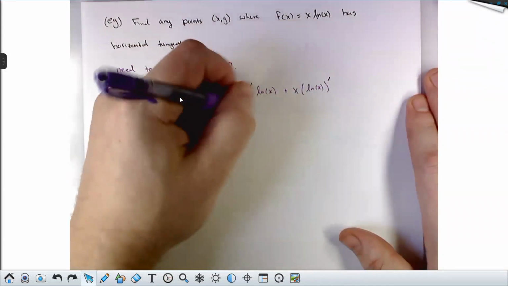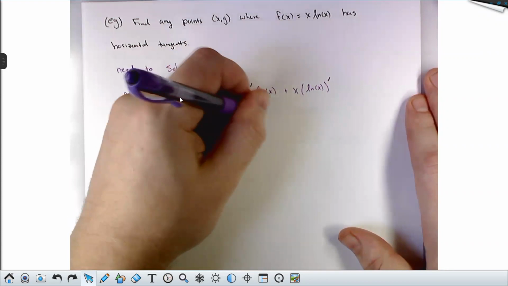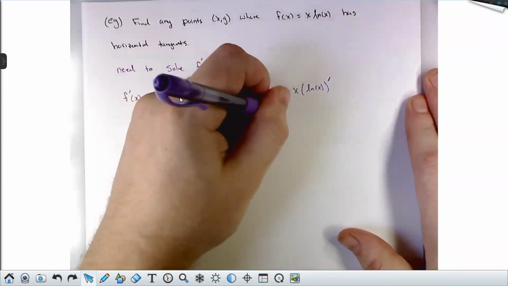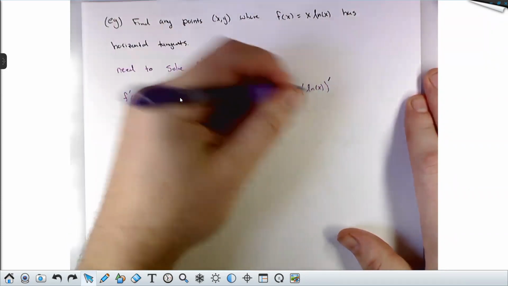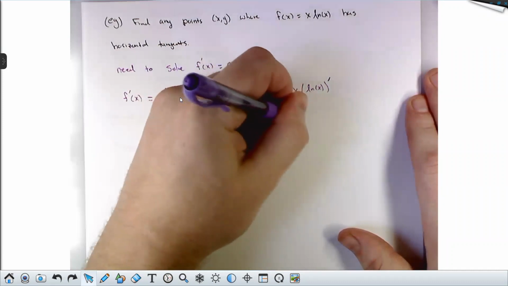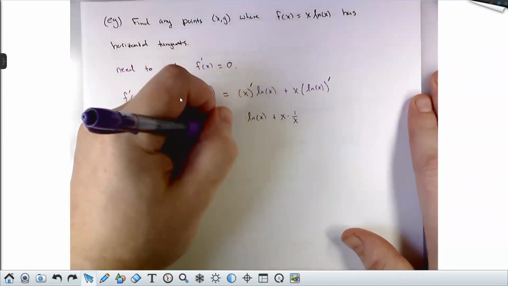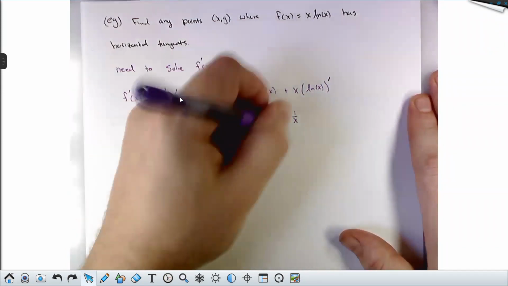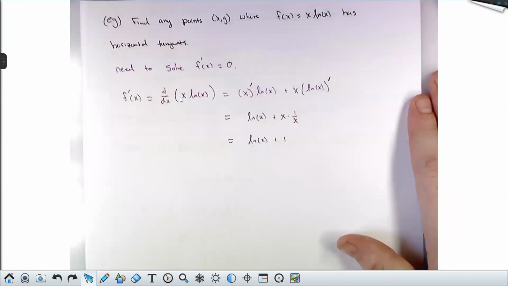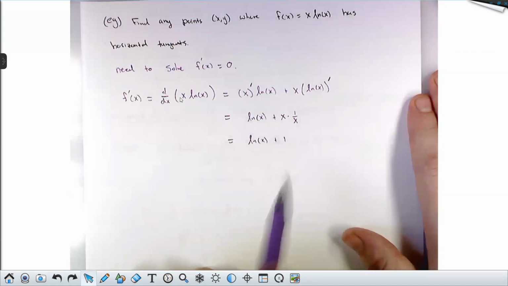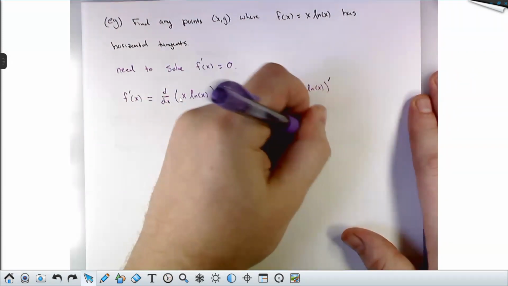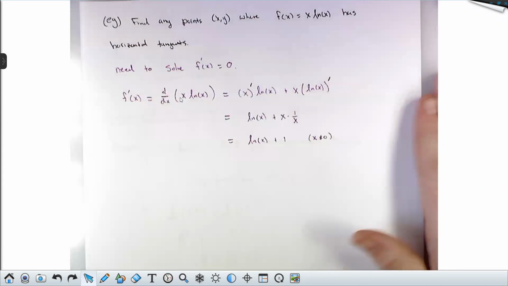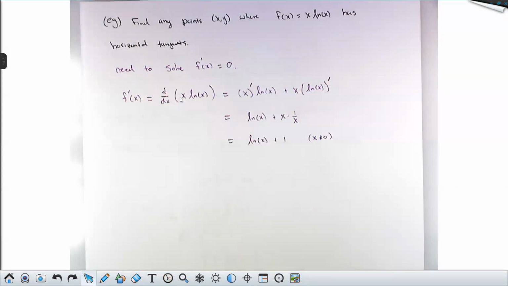X primed is 1, so this is just ln x plus x times the derivative of ln x, which is 1 over x. So the derivative of this function is ln of x plus 1. When I cancel these to call that 1, I'm assuming x is not equal to 0, but we're assuming that anyway because the natural log of 0 is undefined.